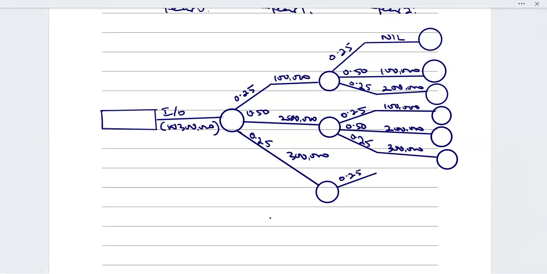Here is 200. Close the node. If cash flow in year 1 is 300,000, probability of 0.5 that cash flow in year 2 will be 300,000. Again, close the node.